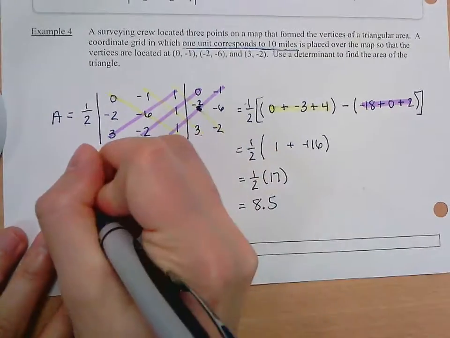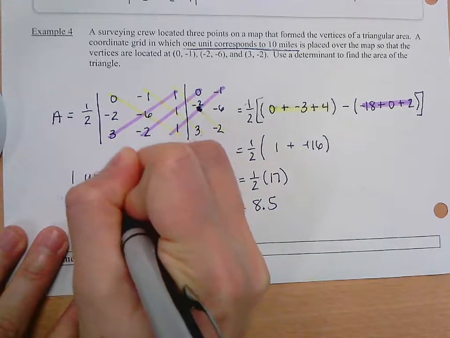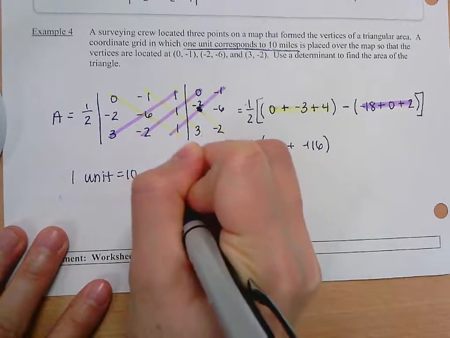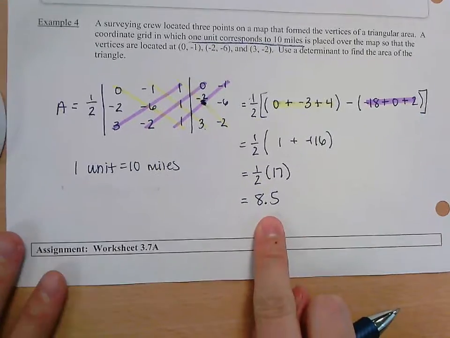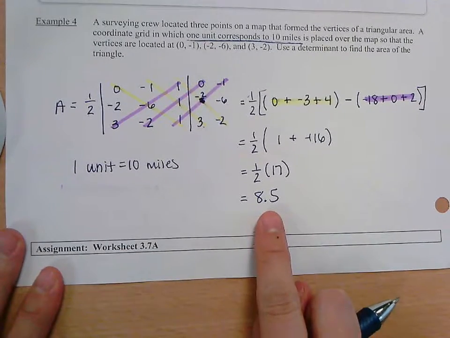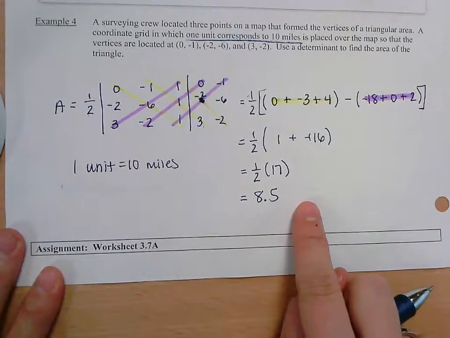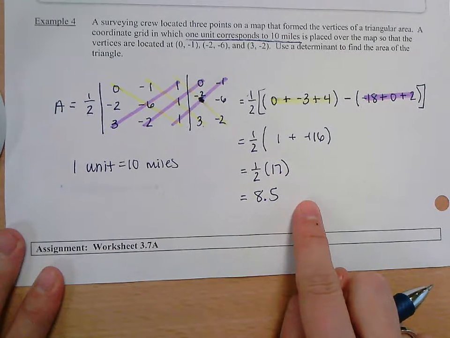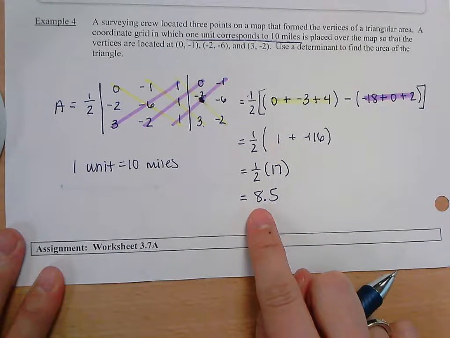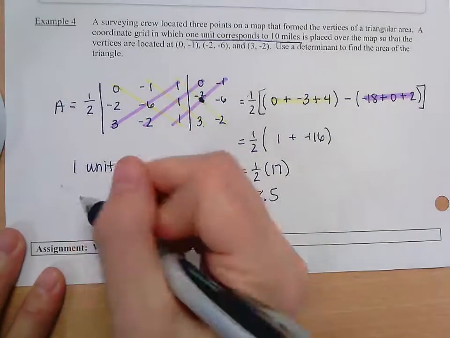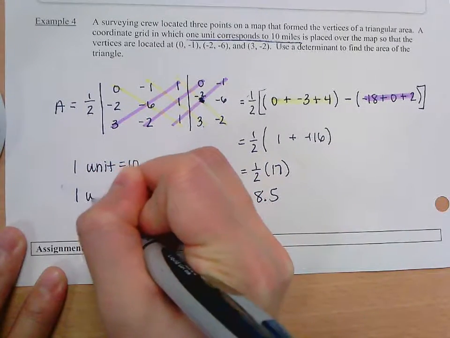So 1 unit is 10 miles. So this 8.5, is this 8.5 just units if it's area? It'd be units squared, right?